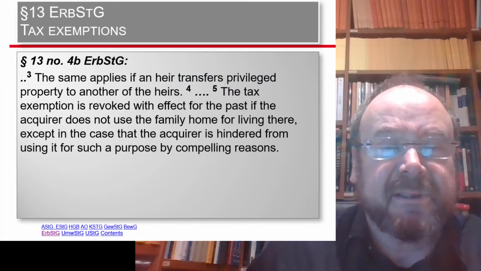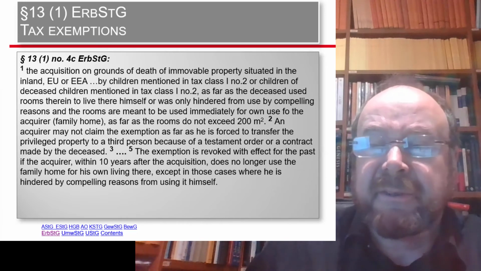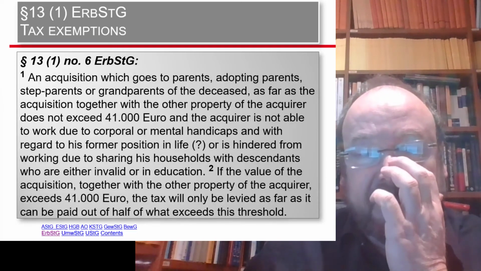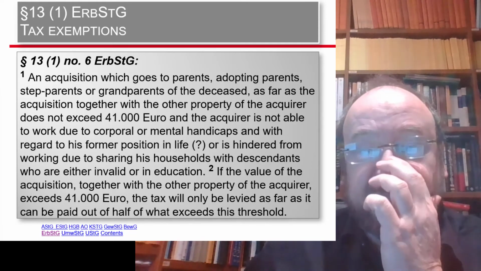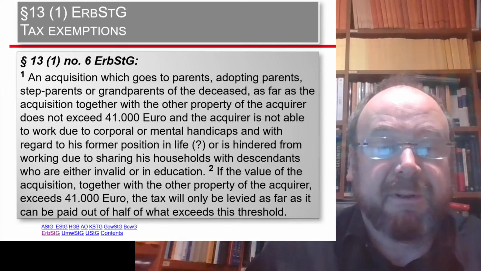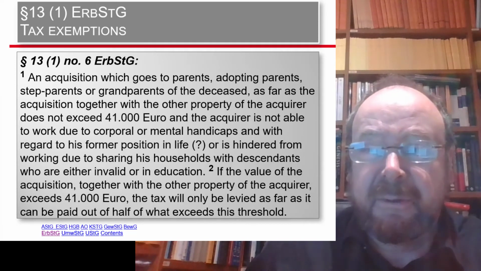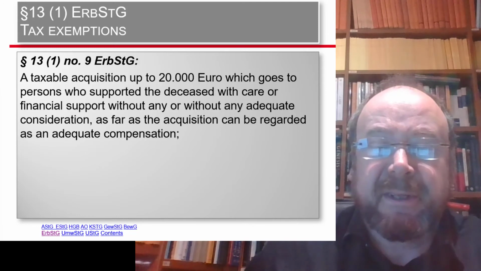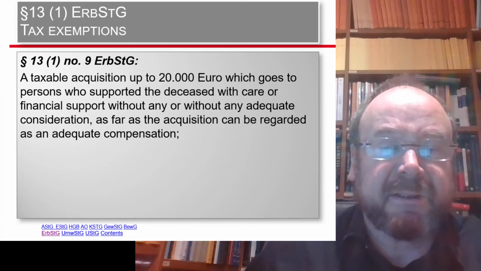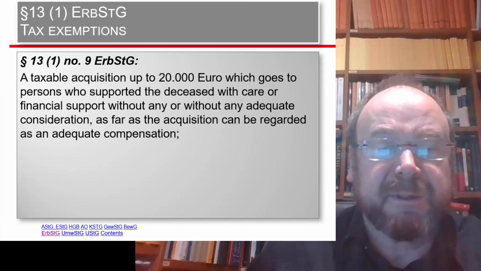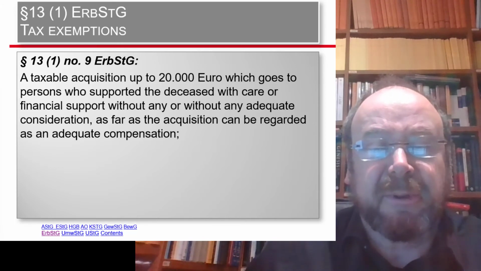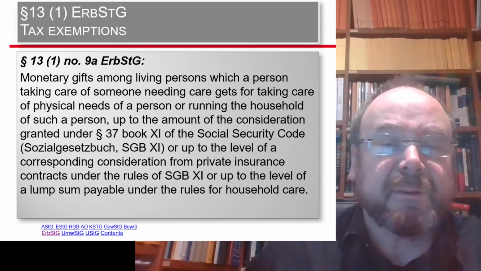Not our case. An acquisition which goes to parents, adopting parents, step-parents, and so on. No. Some strange things not translated here. No. Taxable transaction going up to 20,000, which is a kind of remuneration for persons who supported the deceased with care or financial support, and so on.